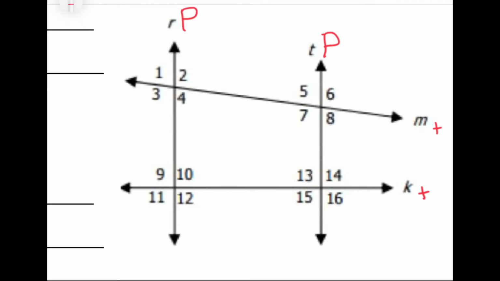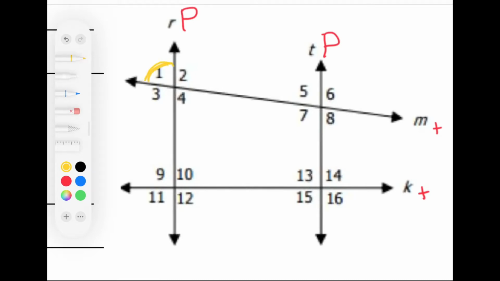So for number 1, we are told that we need to identify the transversal when we're looking at angle 1 and angle 5. Let me change my color. We're looking at angle 1 and angle 5. Which transversal are we on?